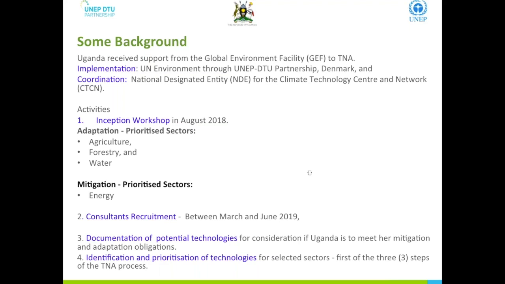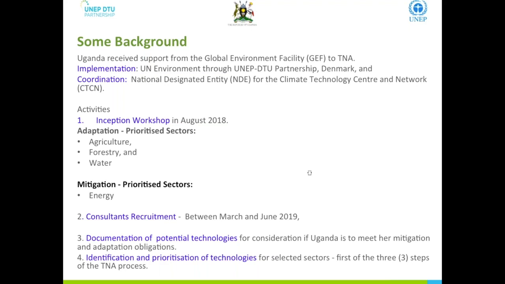I think the screen that we see is basically a background that we all know. But the message that I want to put across here is that at the very outset, once we got the process going, we held an inception workshop in 2018 where we had a diverse stakeholder community coming from different sectors.